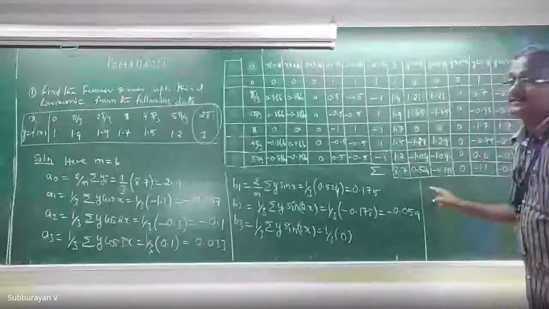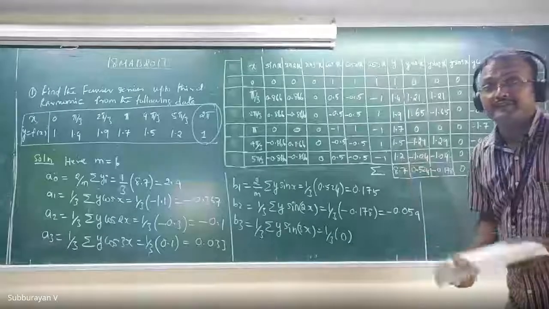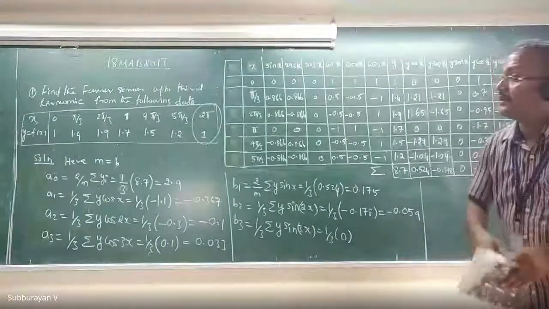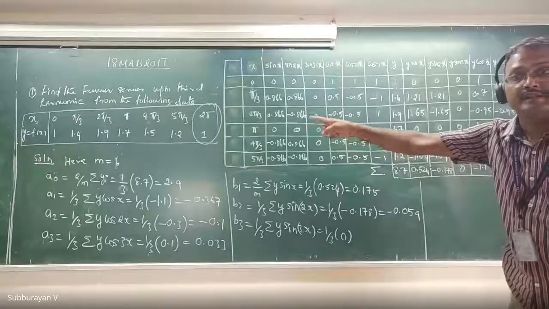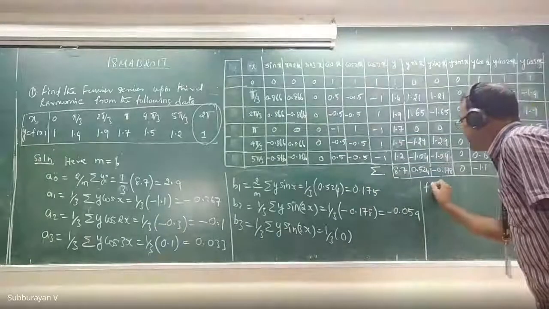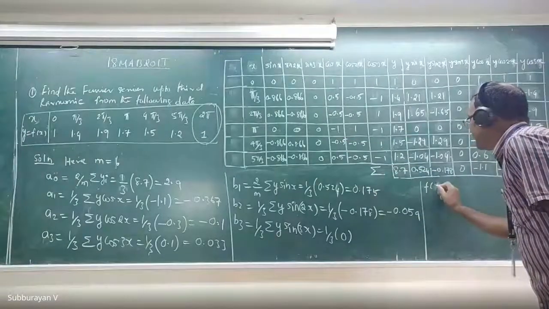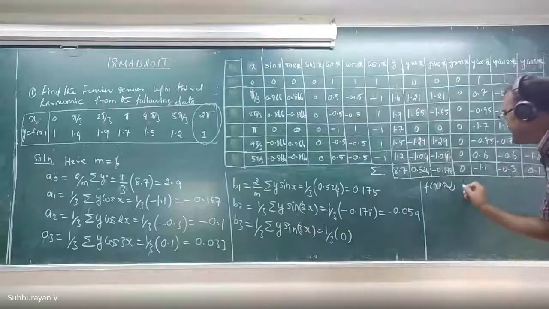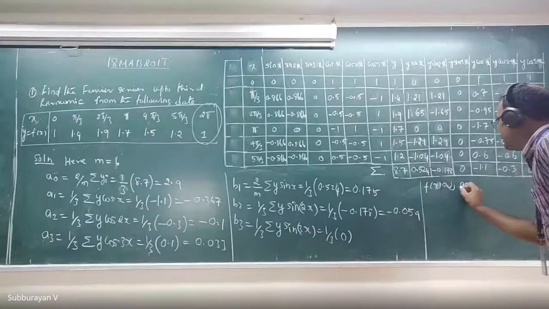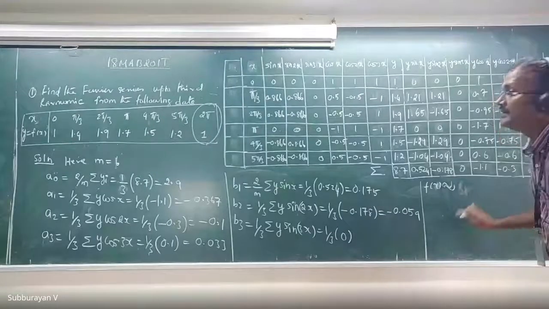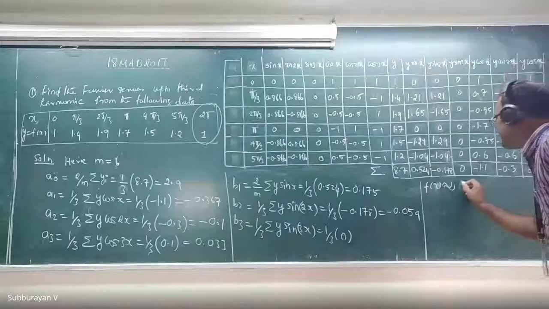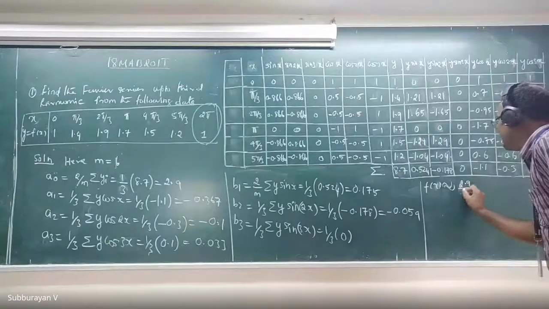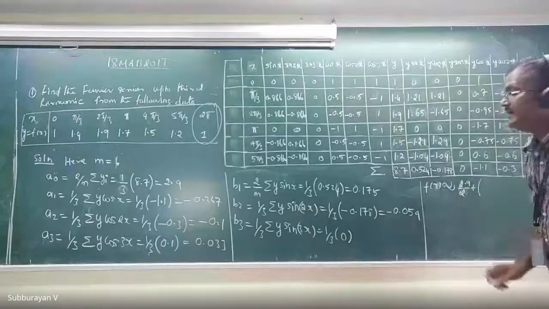Now look at this. We are going to write down the approximate expression, the approximate solution for the given data set. That is, f of x is approximated as a naught by 2. What is a naught? A naught is 2.9. So 2.9 by 2 plus, what is a1?